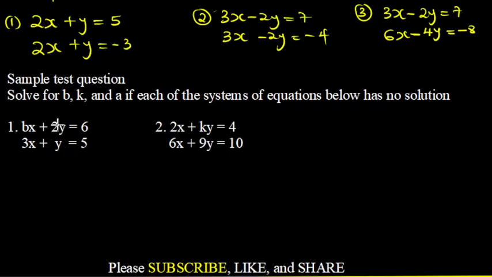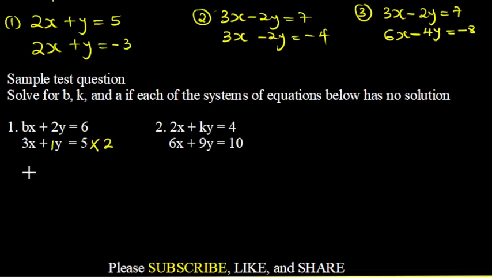Since we have 2 here and 1 here, we'll make these expressions equal. By the time we make them equal, then we can comfortably compare and get the value of b. So we want to make this one and this one equal, and we'll multiply this one by 2.